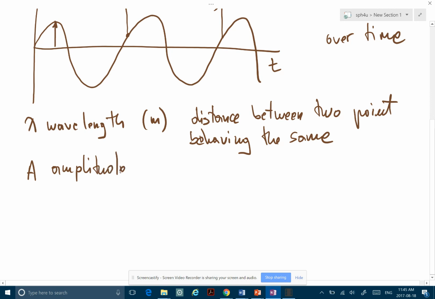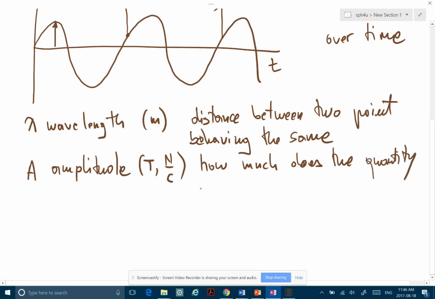And again, the units will vary depending on what kind of wave we're dealing with. So it could be measured in Teslas, it could be measured in newtons per coulomb for light, and pretty much is how far the quantity that is acting on a wave type of motion is from equilibrium or zero.